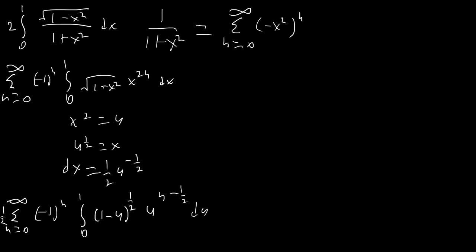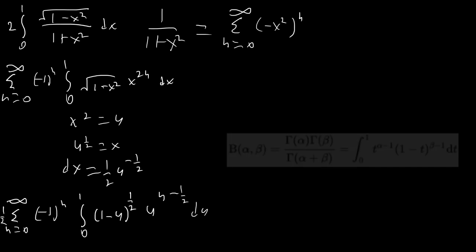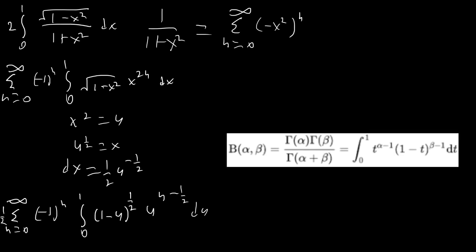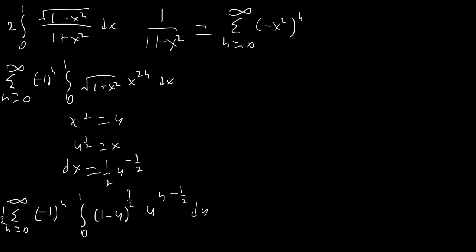Now we're going to go ahead and apply the beta function. So for the beta function, we just need to rewrite this as 3/2 minus 1, and this as n plus 1/2 minus 1. And then beta m, n is just going to be those numbers that we're subtracting 1 from. So 3/2 and n plus 1/2.